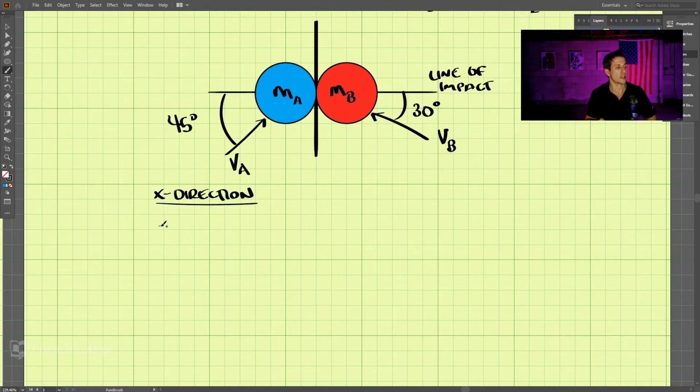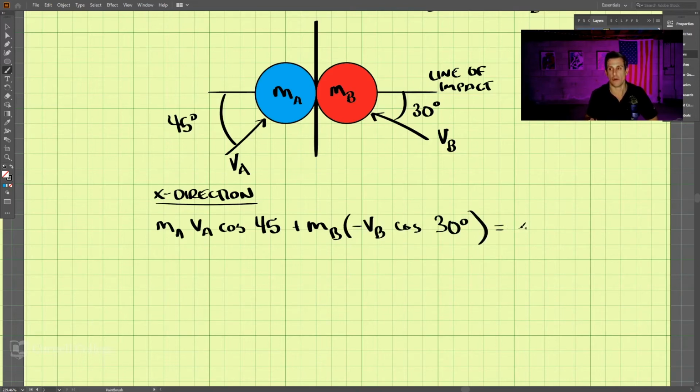So in the X direction, on the left-hand side prior to impact, we would have the mass of A times the velocity of A at 1, which would be VA cosine 45. And then we would have the mass of B times the velocity of B, and the component of that in the X direction will be negative. So we have negative VB cosine 30 degrees.